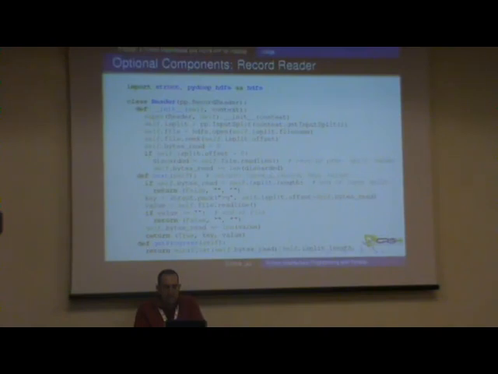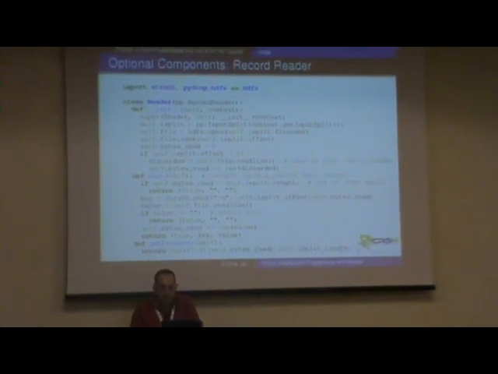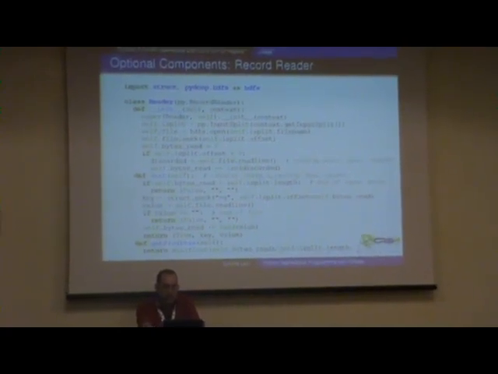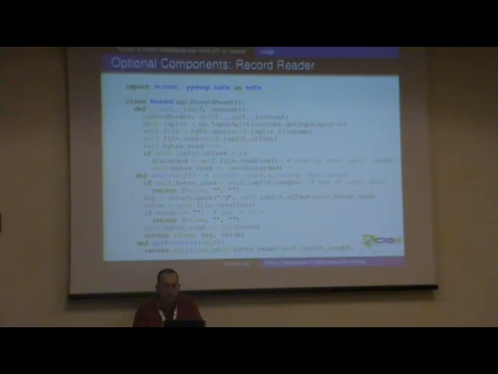Okay, this is an example of how to write one of the additional components. In this case, this is a plugin replacement implementation of the default Java record reader, which feeds text lines to the mapper.